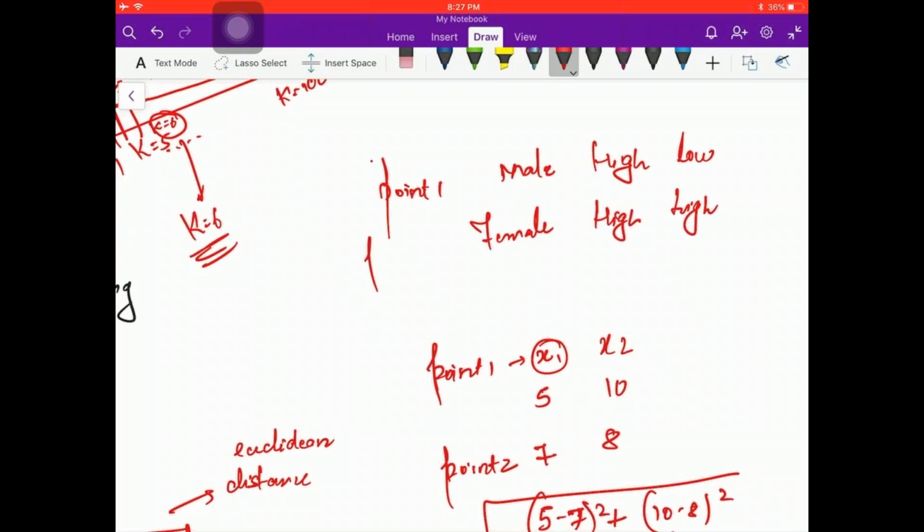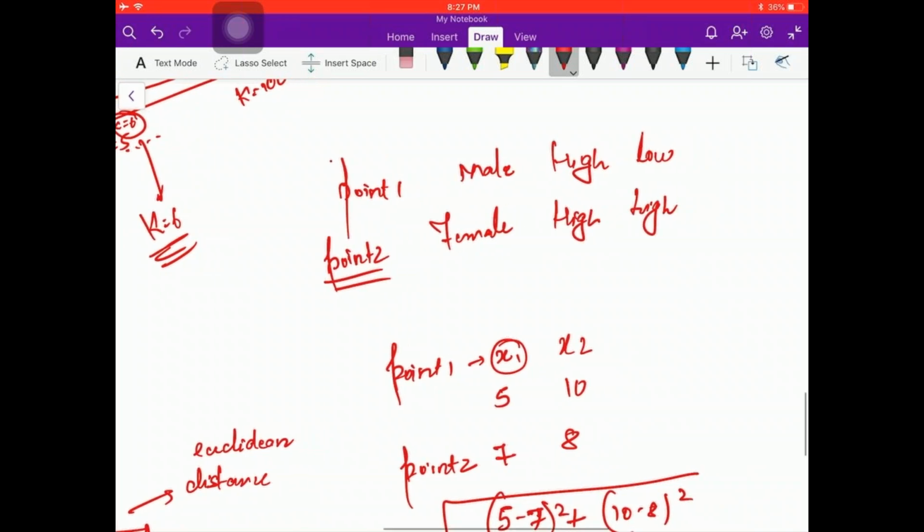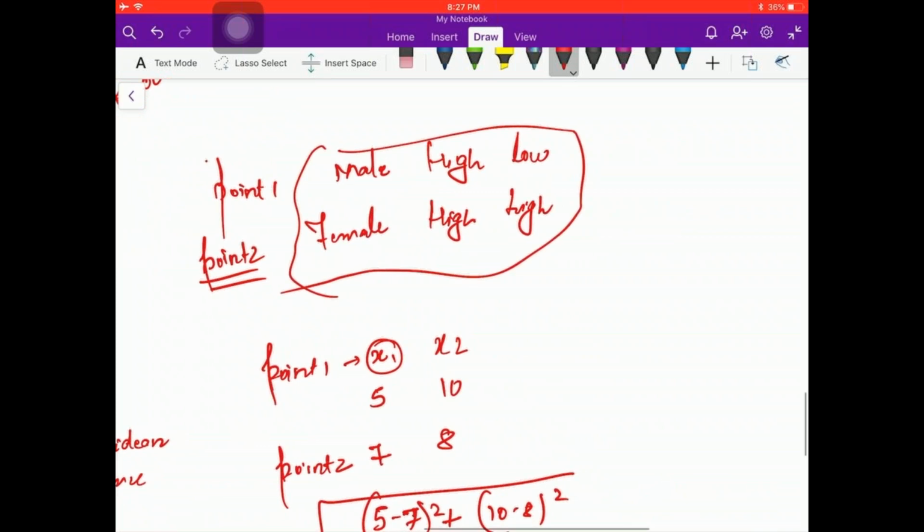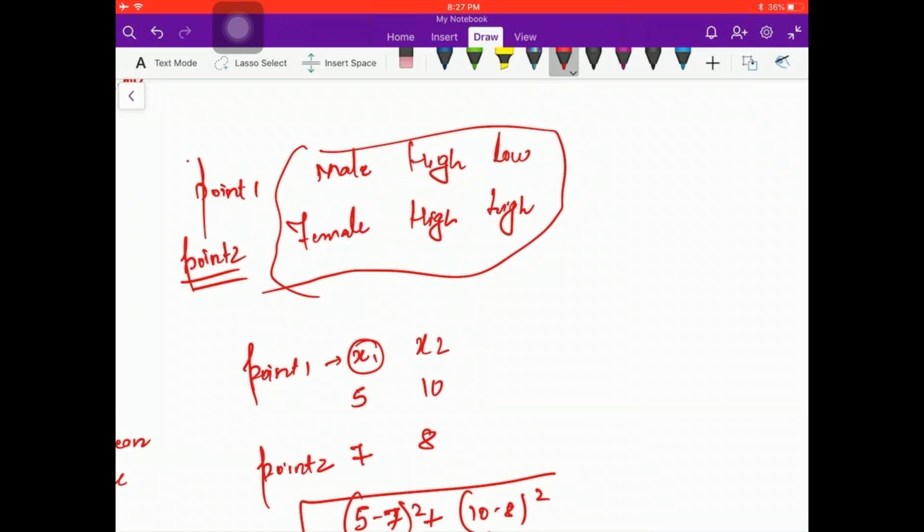What is the distance between point one and point two? Any arbitrary answers can do, even if you don't know this. I just want to see how you can figure this out.